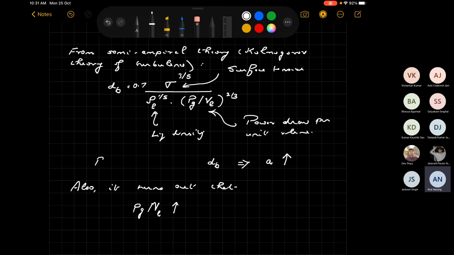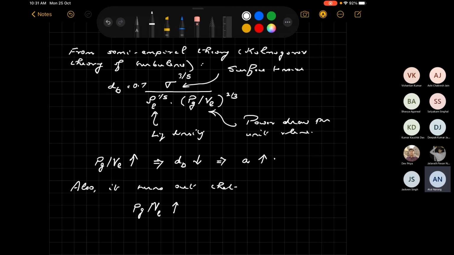Briefly, PG over VL increases, which implies that dB decreases, which implies that A increases.